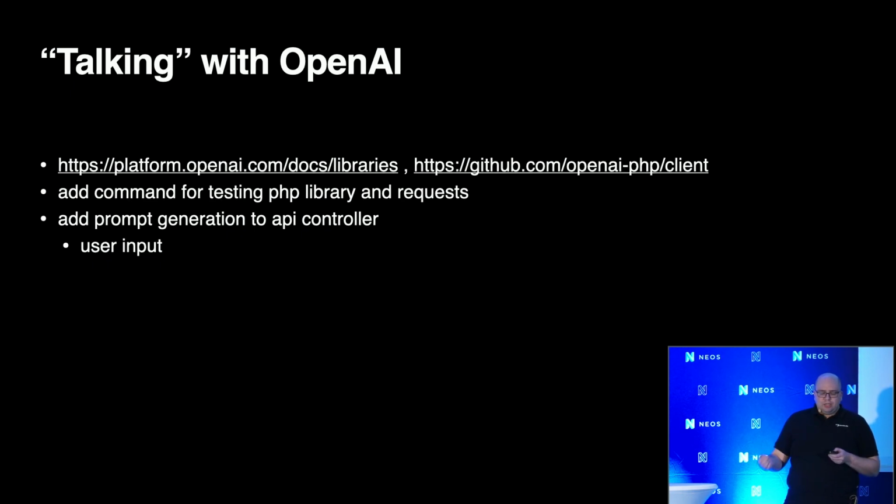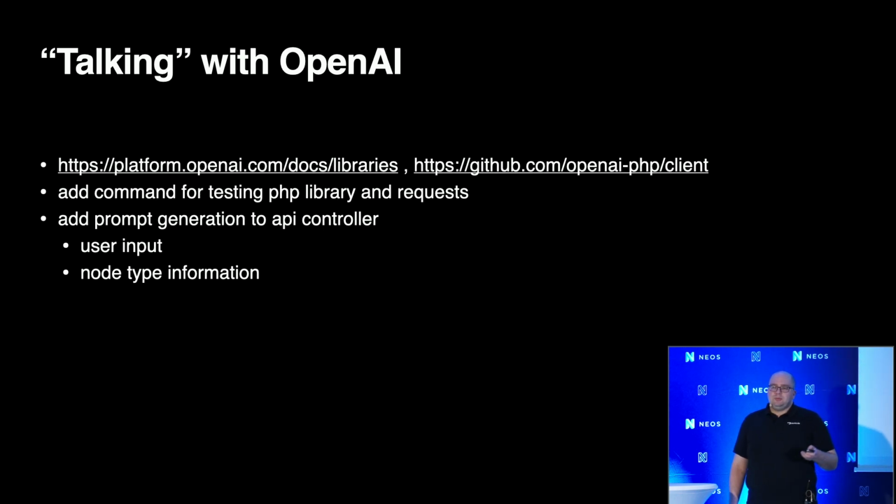So another piece of information that I added to the prompt is the node type information from my distribution. My idea was, okay, in the real world, we have projects, and every project has its own Neos distribution.